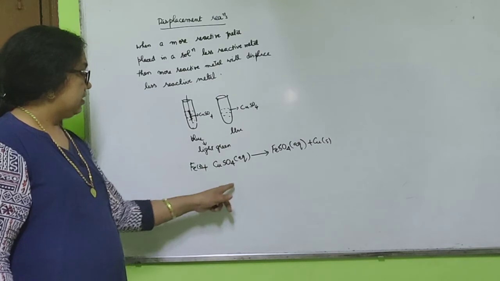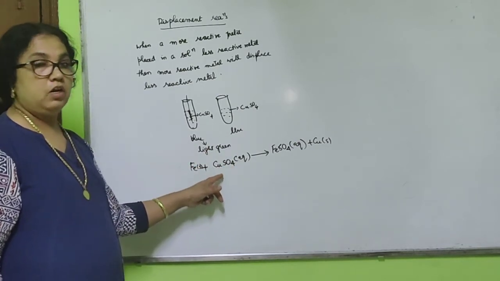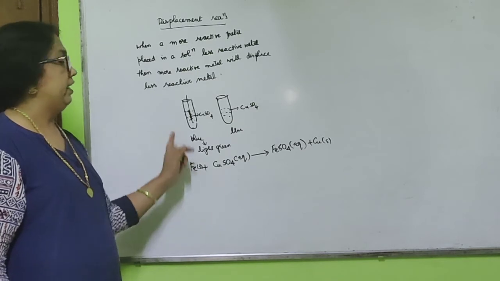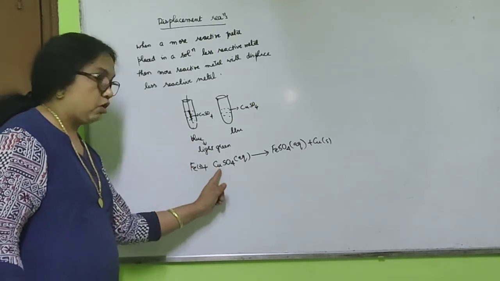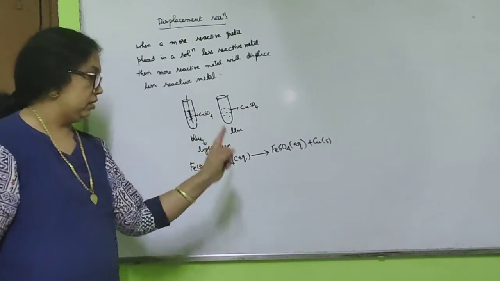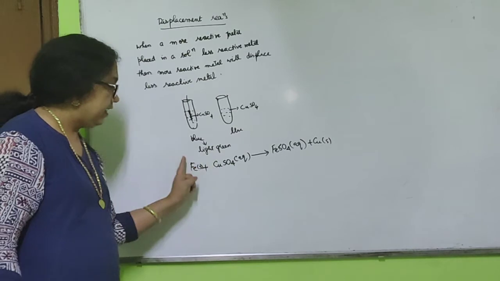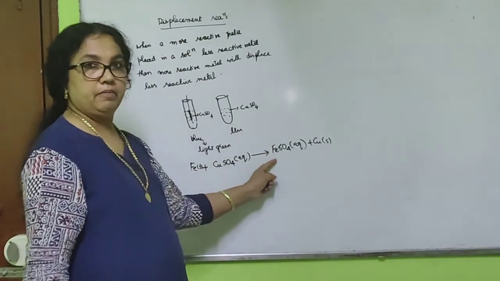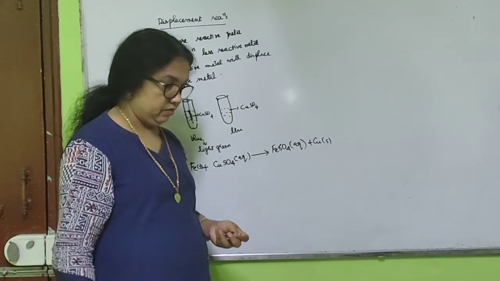The less reactive metal is copper, and its salt solution is copper sulfate. To that we place the iron. Then this iron will displace copper from its solution, meaning copper is removed from copper sulfate and iron comes in its place. So this is a displacement reaction.